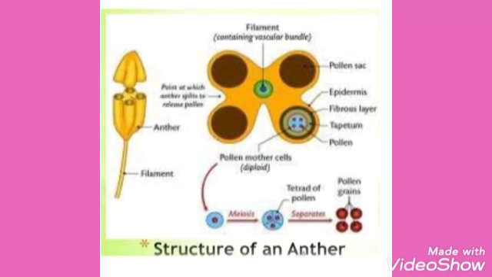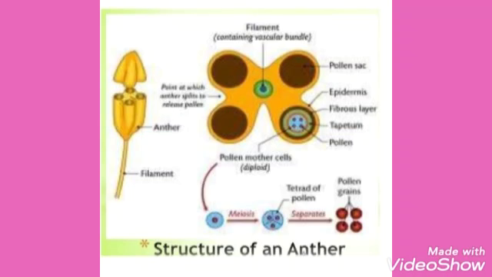Pollinium is a mass of pollen grains present at each anther lobe. As the pollinium is attached to pollinating agents like insects, the entire mass of pollen grains is transferred as a unit.